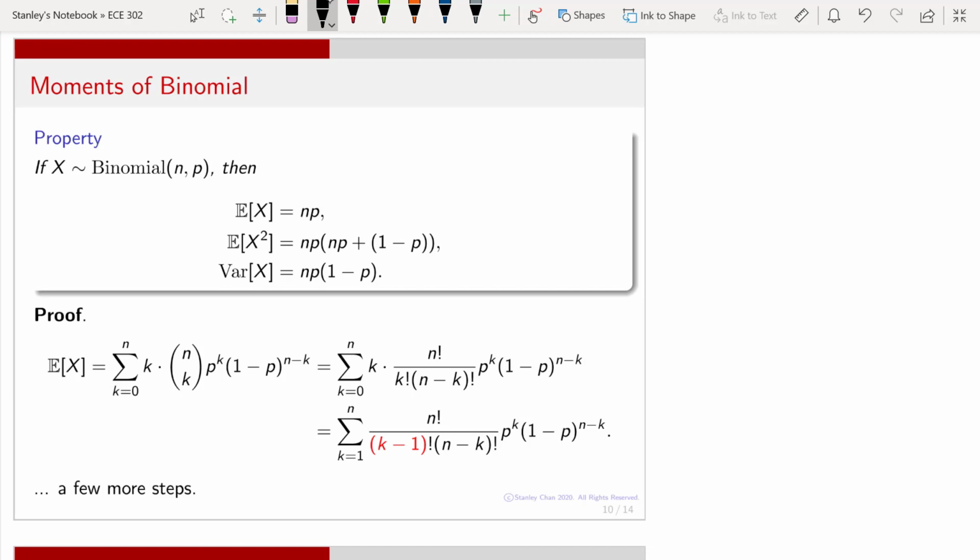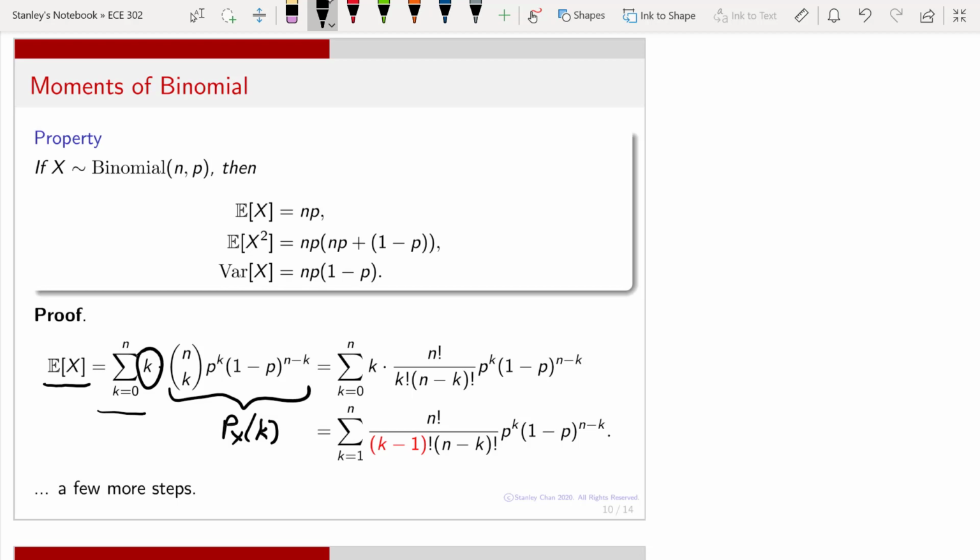Now, to calculate all these expectations, moments, and variance, we can just follow the first principle. And here is one example. In order to calculate the expectation of x, what you need to do is to plug in the PMF. This is p_X(k), and then here you have a k. Then you sum everything up. That will give you the expectation.